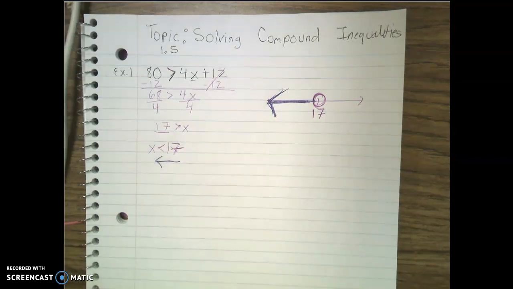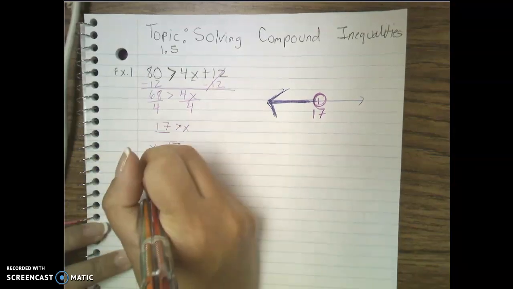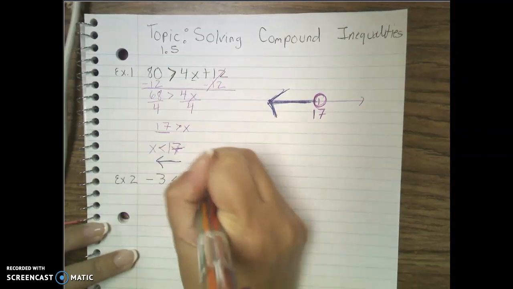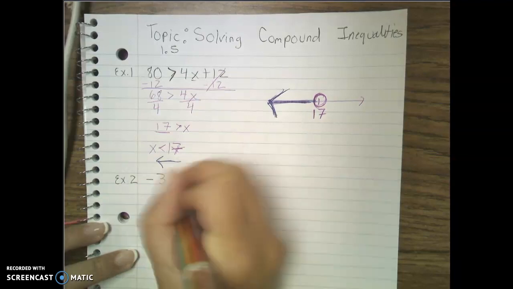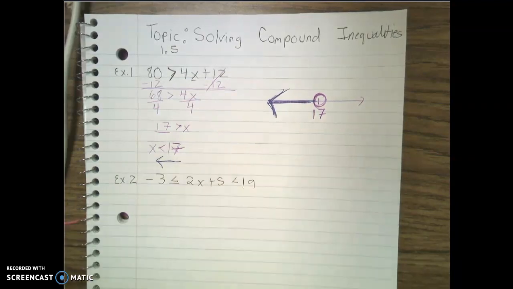Okay, so now let's do compound inequalities. So we're going to say example 2, and we're going to say negative 3 is less than 2x plus 5, which is less than or equal to, I apologize for that, is less than 19.